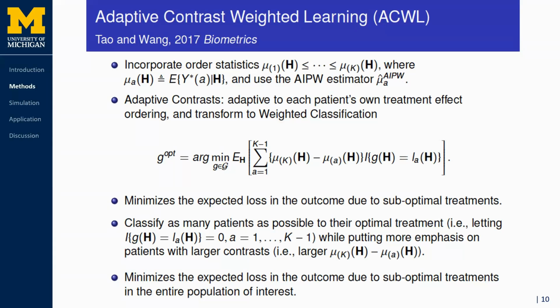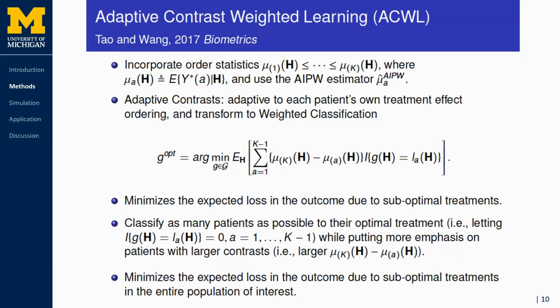So what we did is we incorporate another statistic. For mu of H, conditional on your past history, we have an AIPW, the augmented inverse probability weighted estimator, for your conditional expectation of your counterfactual mean. And that is actually individualized, okay?